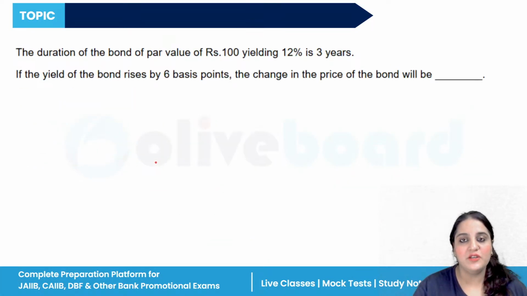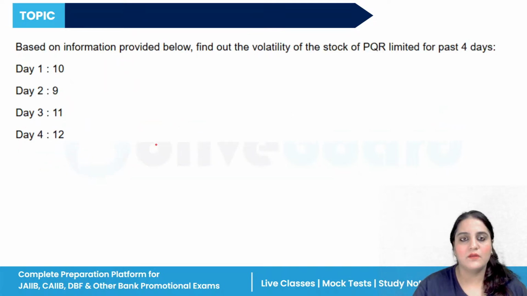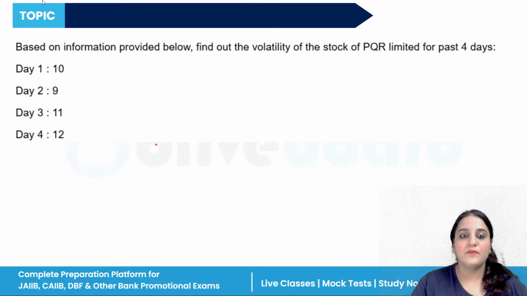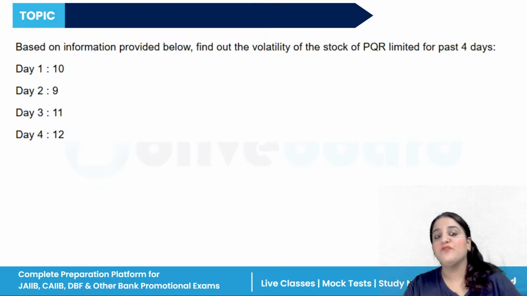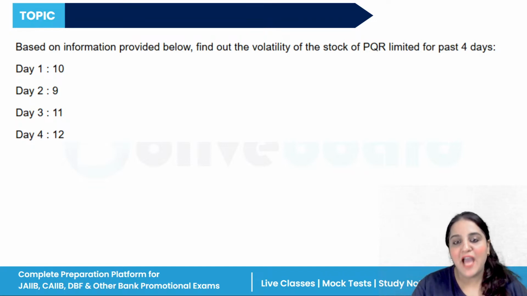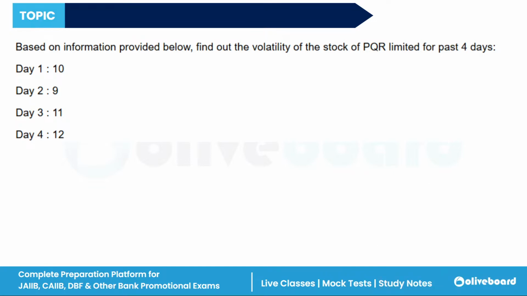Daily information is given for day 1, day 2, day 3, day 4. You have to find the volatility of the stock of PQR Limited for the past 4 days. Simple. We have to use the formula here. What is the formula?